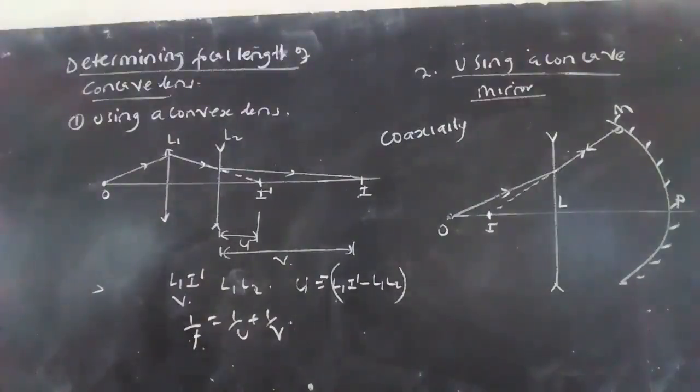Then we say the position of the concave mirror is adjusted until the object coincides with its image.